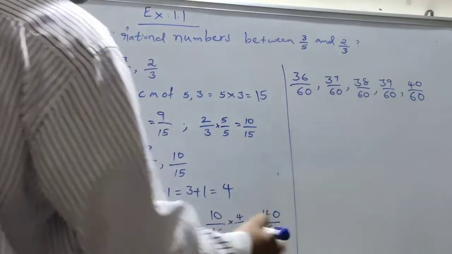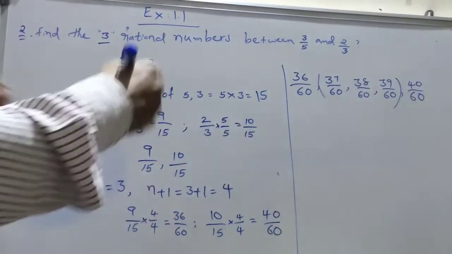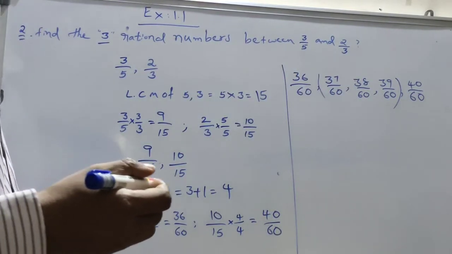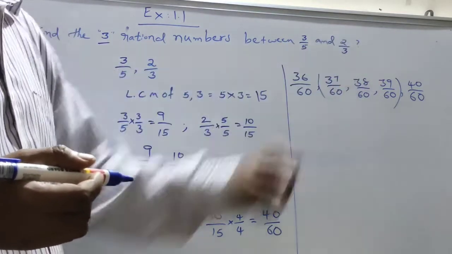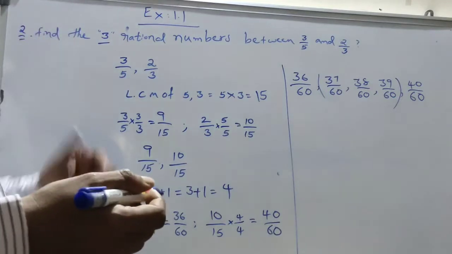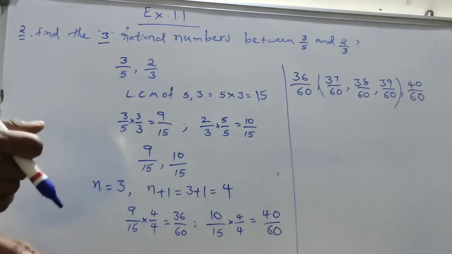In this way we can easily find the three fractions or rational numbers in between the two given rational numbers, 3 by 5 and 2 by 3. 36 by 60 is nothing but 3 by 5, and 40 by 60 is nothing but 2 by 3. In between them we got these three fractions. Like this we can easily find rational numbers.